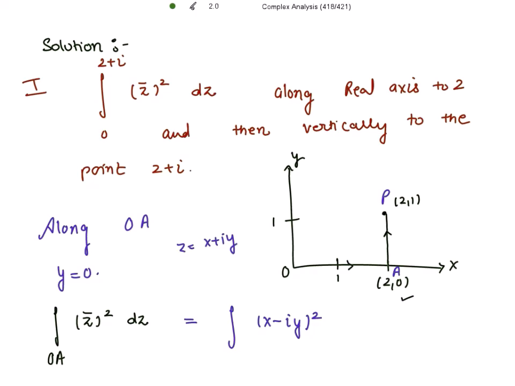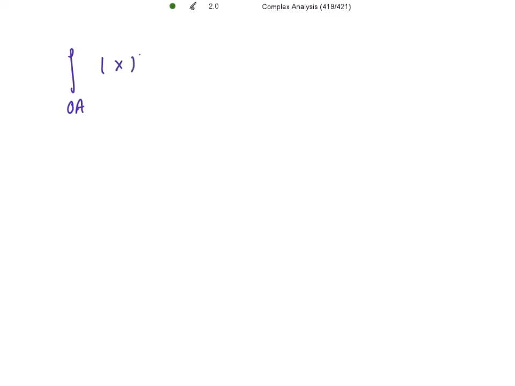So z bar, its conjugate, will be x minus iota y and dz becomes dx plus iota dy. Now along the real axis y is 0, so here dy also becomes 0. So this is x square and this is dx.